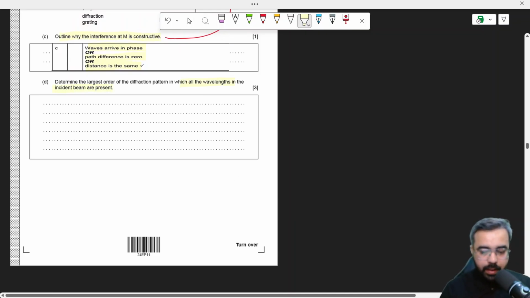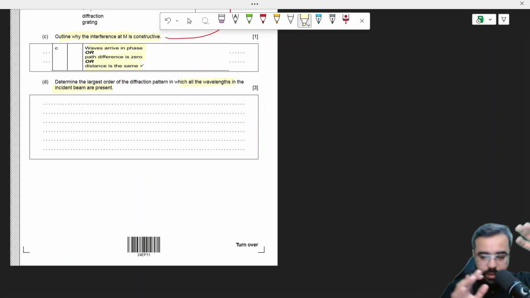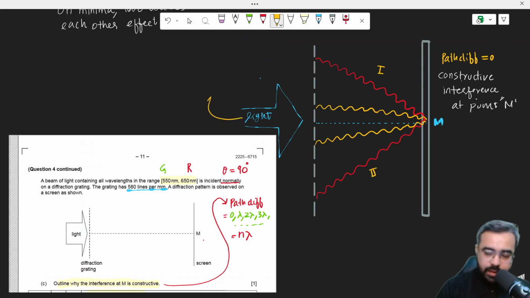determine the largest order of diffraction pattern in which all wavelengths in the incident beam are present. Now dear students, before we go to this question, your idea should be clear that this light, which is basically a composition of all the wavelengths, carries wavelengths from 550 nanometer to 650 nanometer.